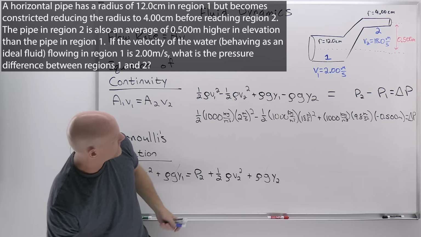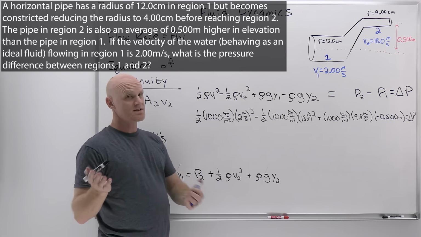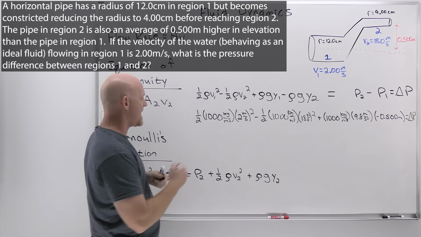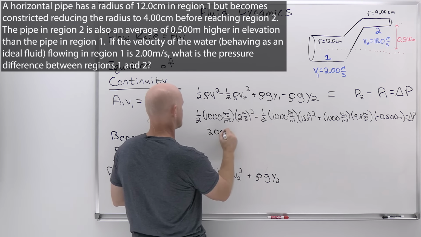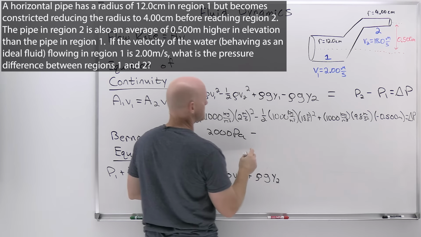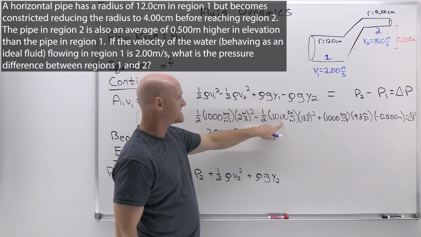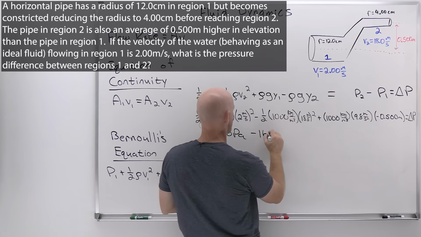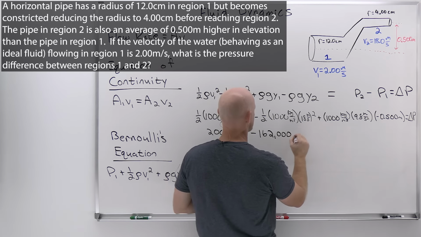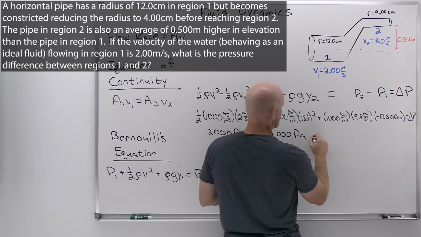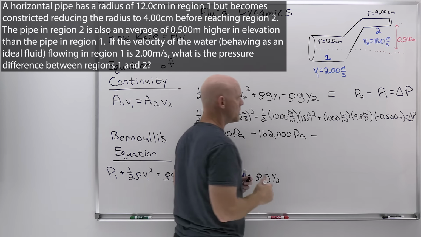So now we'll let the calculator do a little work for us, or actually we'll take advantage that we just did similar calculations. 4 times 1,000 times 1/2 is 2,000 yet again. So that's 2,000 Pascal. 18 squared again was 324, times 1/2 was 162, times 1,000 is 162,000 Pascal, just like it was in the last one. And then this is going to be an overall negative term because of that negative 0.5.